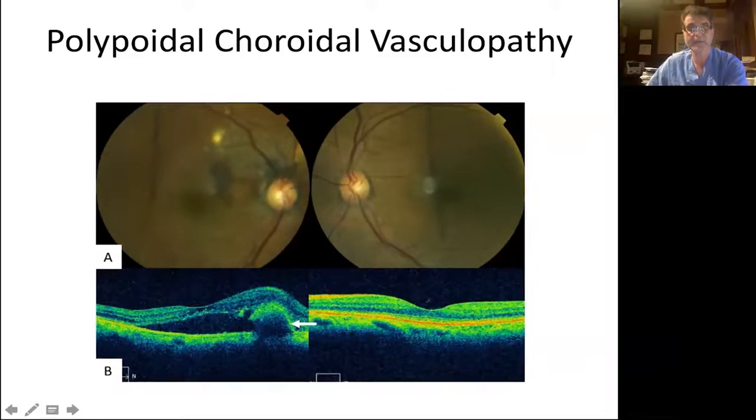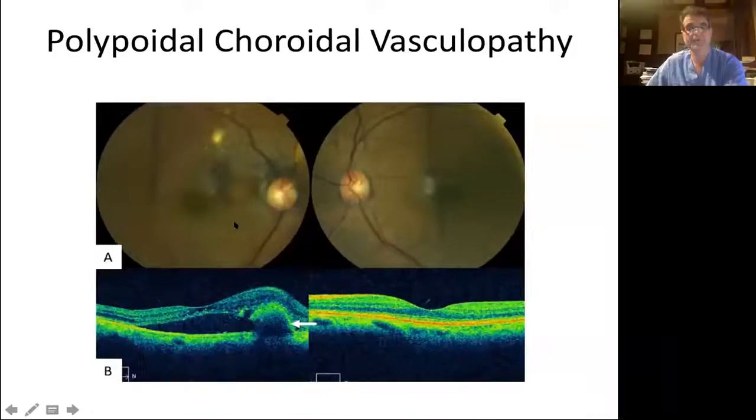And then there's adjacent subretinal fluid, very typical of this disorder. These patients often don't respond as well to anti-VEGF therapy as typical age-related macular degeneration, and often will require photodynamic therapy for best results.